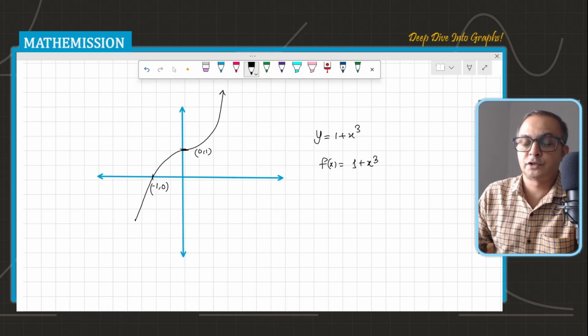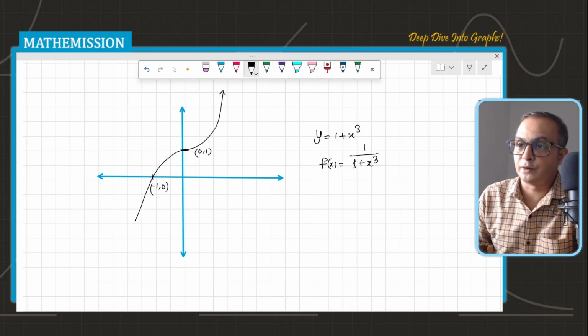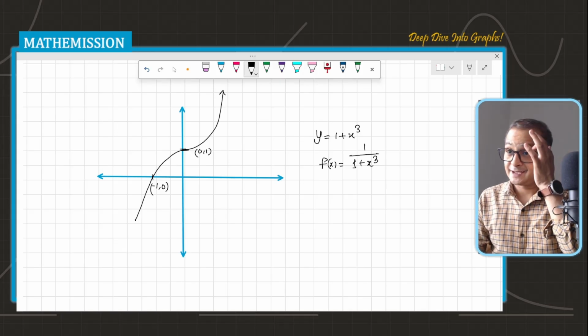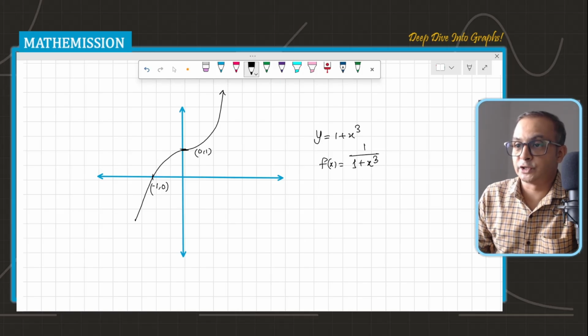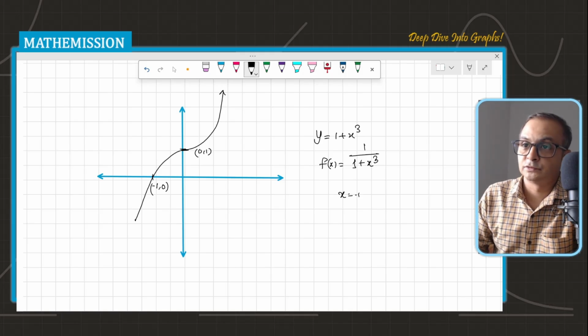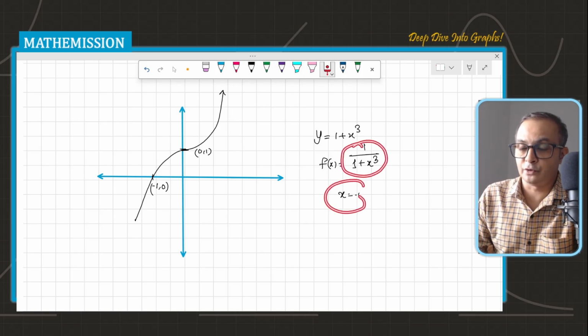Now I want to draw the graph of 1 by 1 plus x cube. You can see that when x equals 0, they will meet each other, because at 0 they have the same value, that is 1. But at x equals -1, for this x cube plus 1 graph, the value in the denominator will become 0.